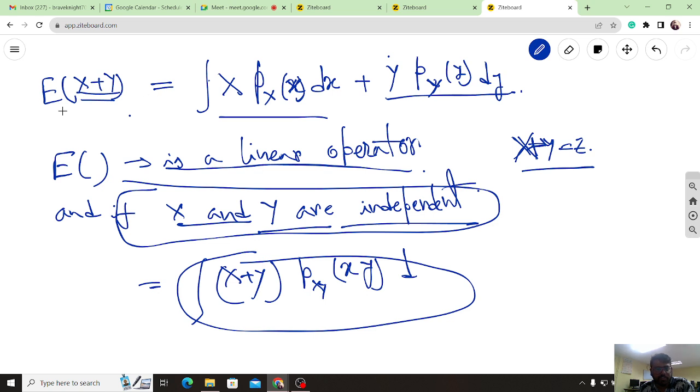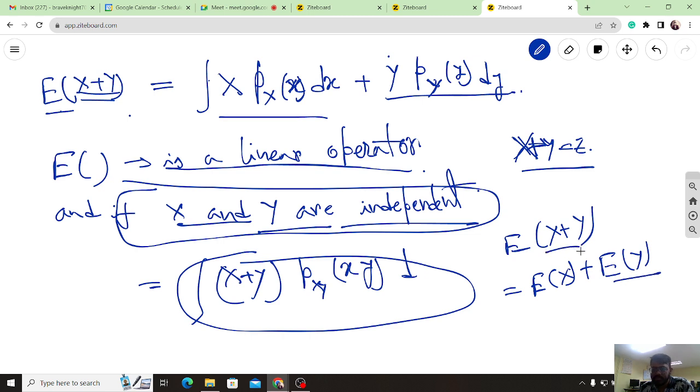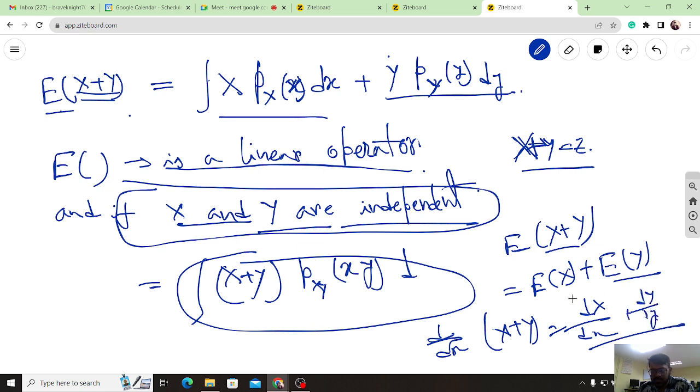So basically expectation is a linear operator. So expectation of X plus Y is first doing the expectation over X, then doing the expectation over Y, just like any linear operator. Like if you want to do the differentiation of x plus y, this is first doing dx plus dy. Similarly expectation is also a linear operator.